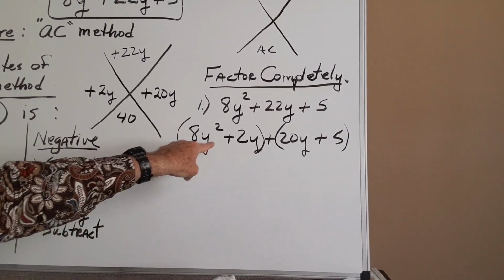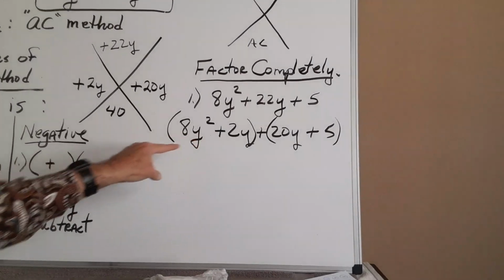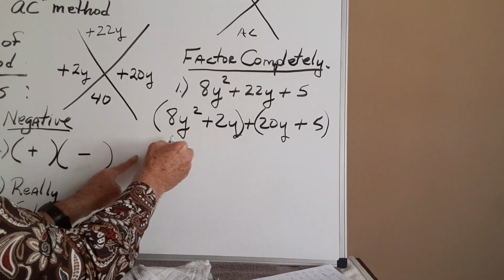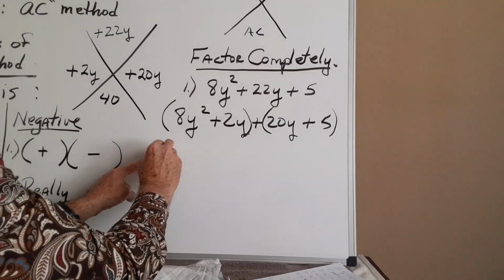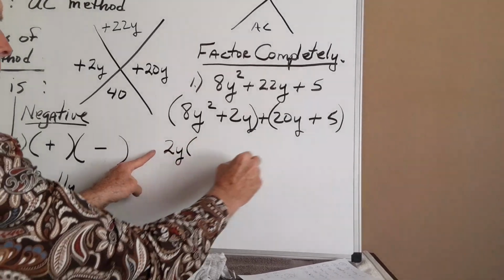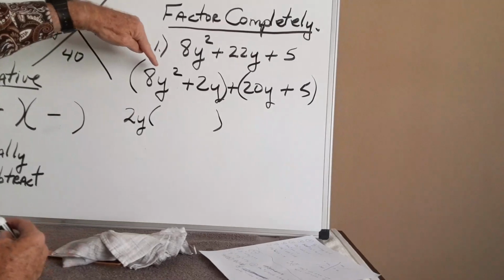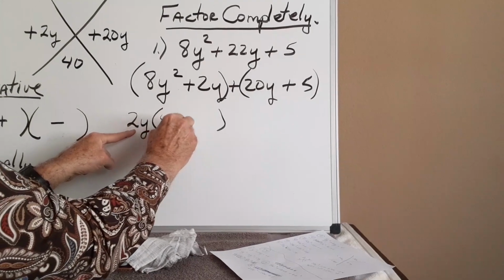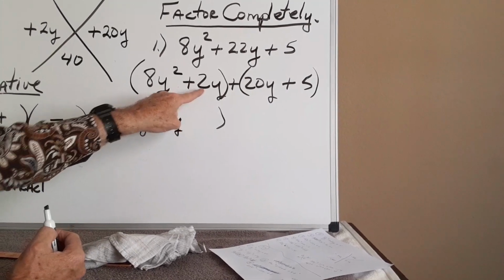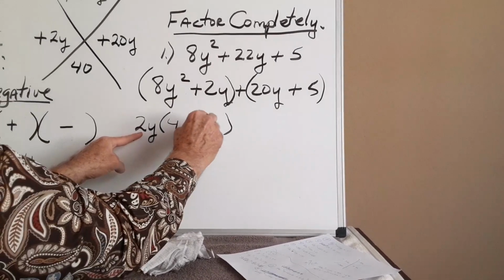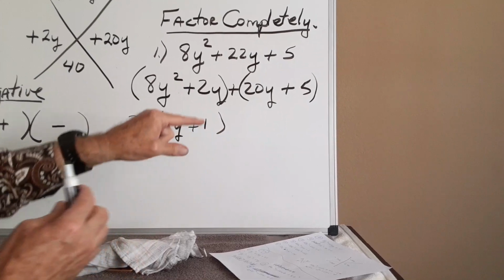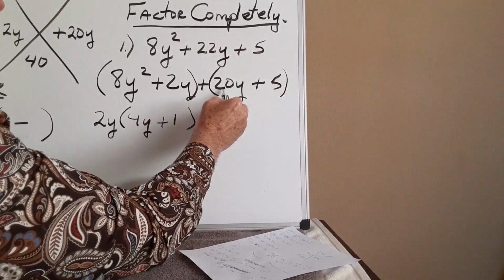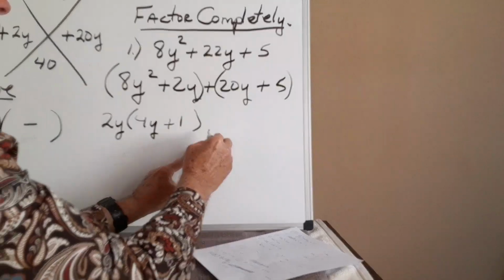Go to this front pair and pull out its GCF. Both of these terms not only share a 2, they share a y. So pull out a 2y, and let's divide twice. 8y squared divided by 2y would give us 4y. And a positive 2y divided by a positive 2y would give us a positive 1. Come over here. Pull out the GCF, a positive 5.